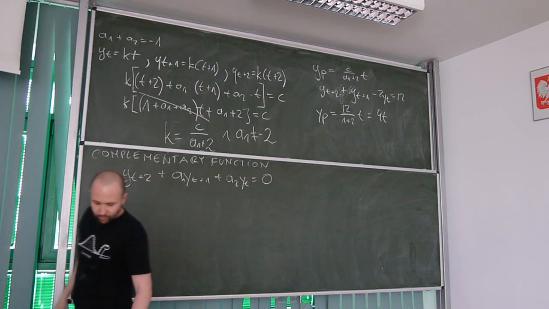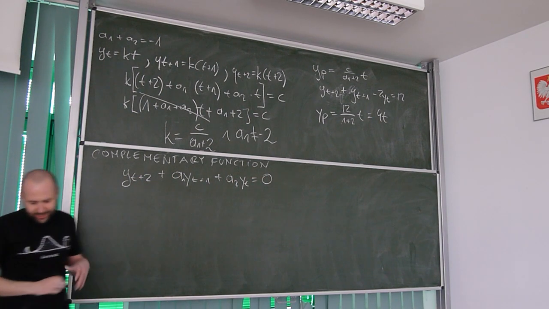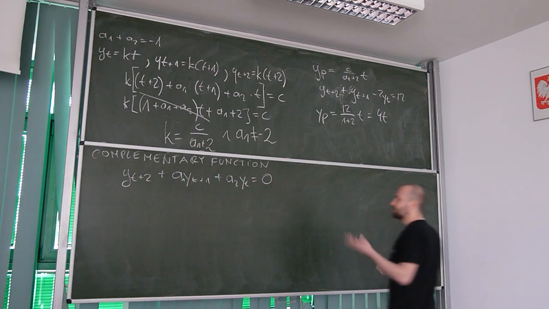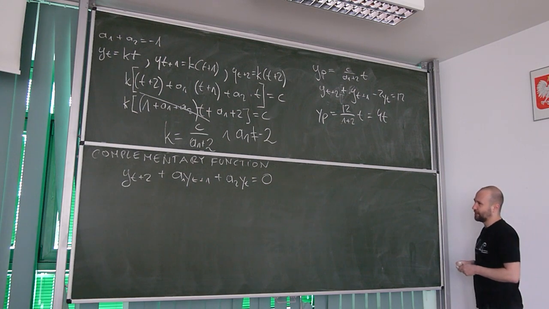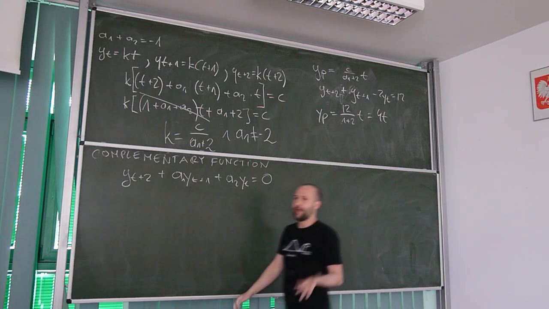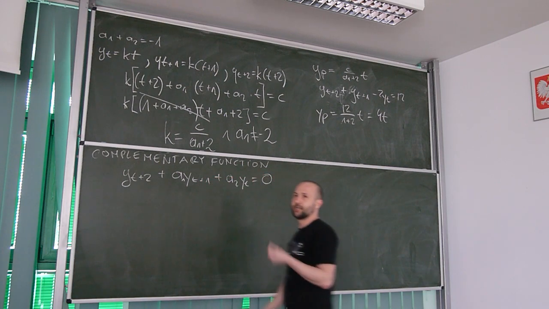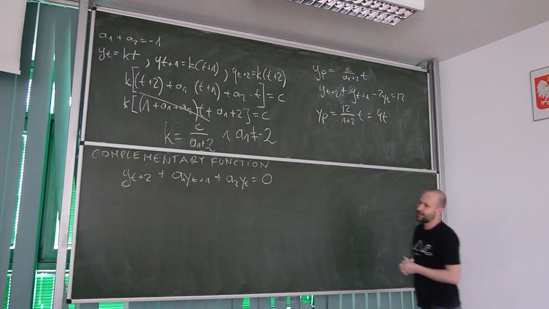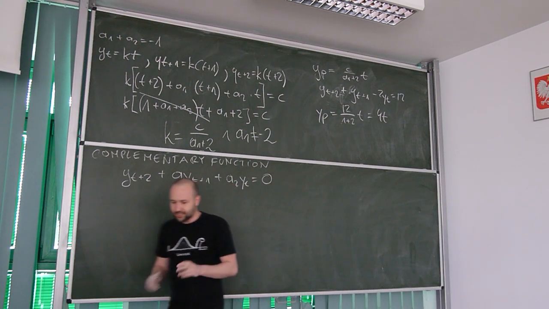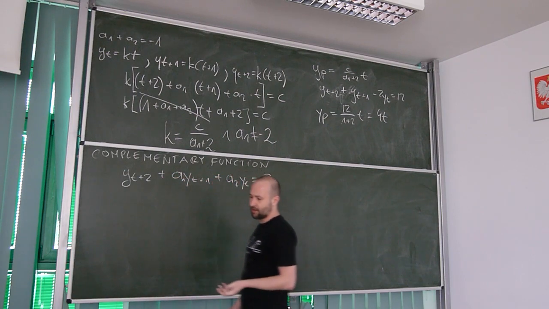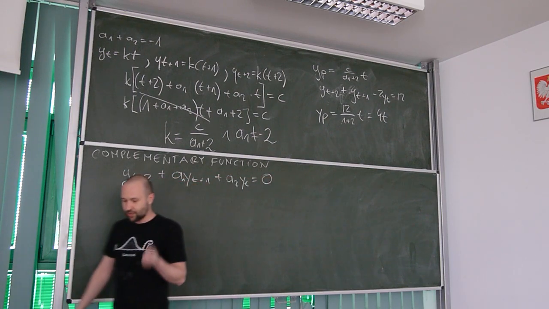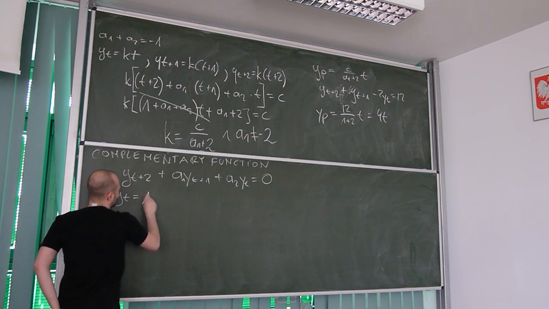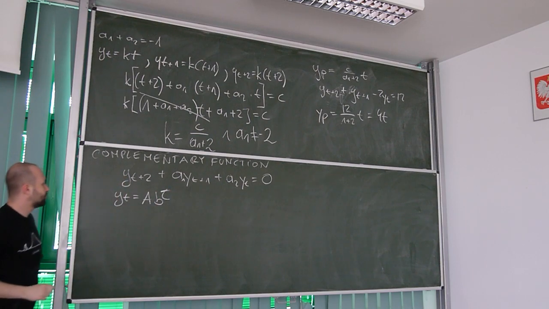Now, what solution should we try? Well, we have some experience from differential equations when we had the expression a times e to the power of t. Here it's not going to work just as fine as before, but there is a very similar option that we are going to try. Our trial solution is going to be yt equals a b to the power of t.